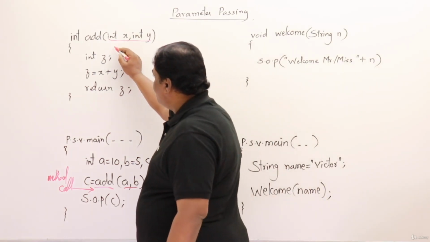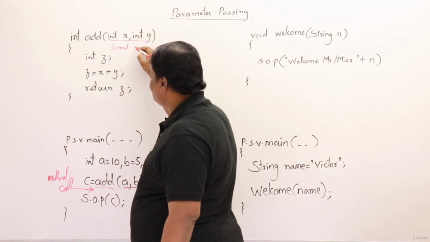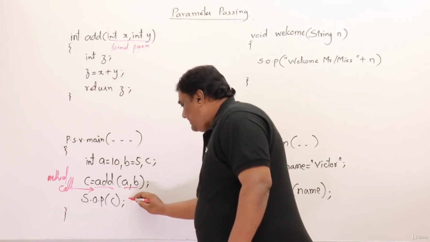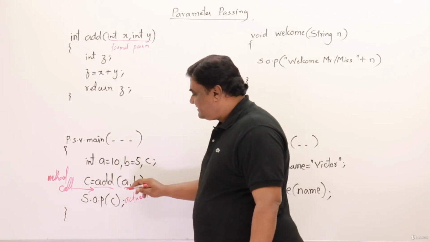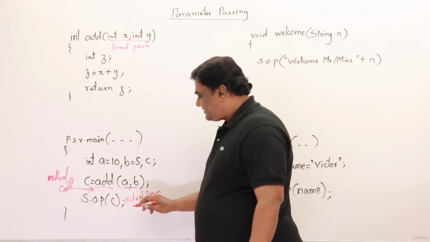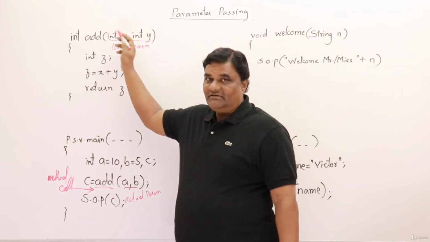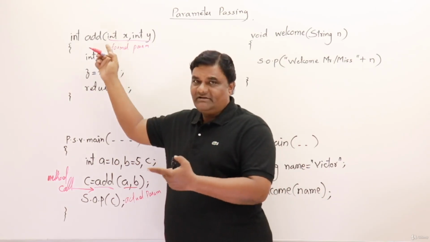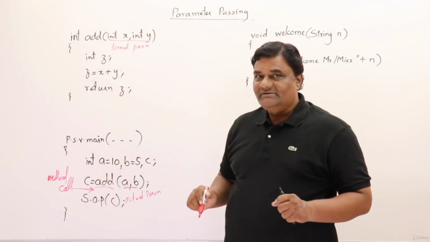These are formal parameters, in short I will write param here, and these are called actual parameters. The parameters passed in the method call, that is inside the calling method, are called actual parameters, and the parameters of a called method are called formal parameters.